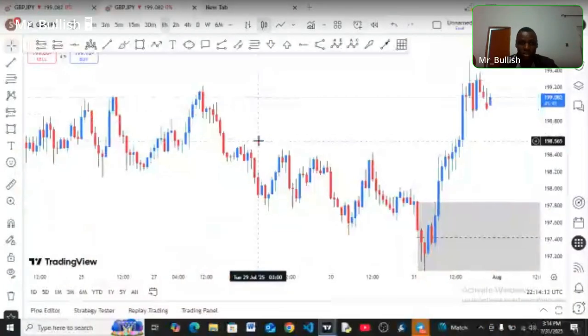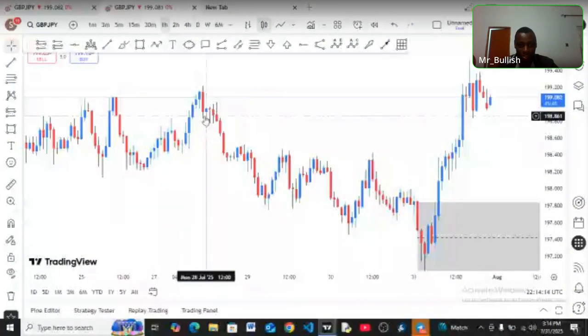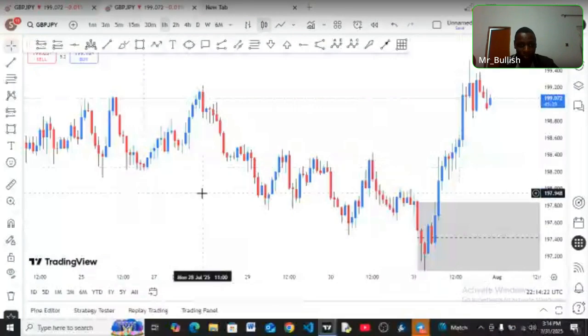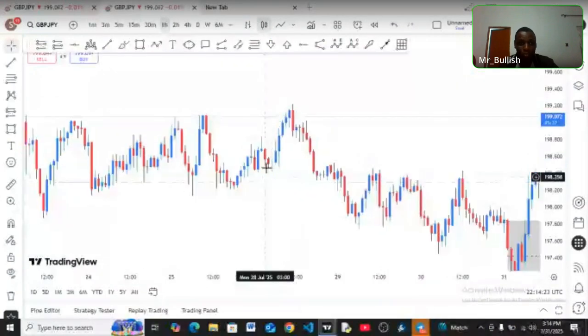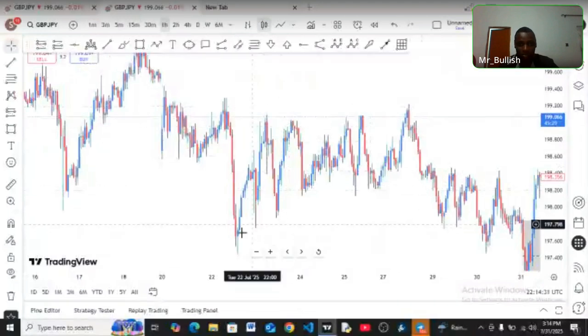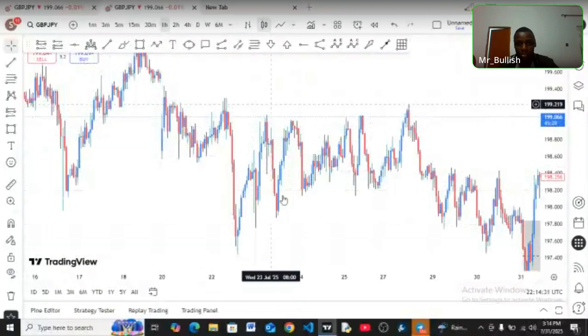So let me just quickly do a little recap on what I'm saying. This particular trend now is a downtrend. So if you want to mark it out, you look for the place where the uptrend ended and the downtrend started. Like this particular one now, this is an uptrend, but at the top here we have a failure swing.